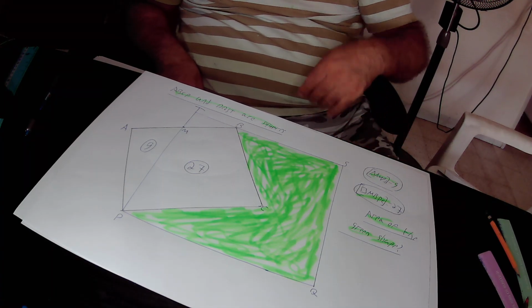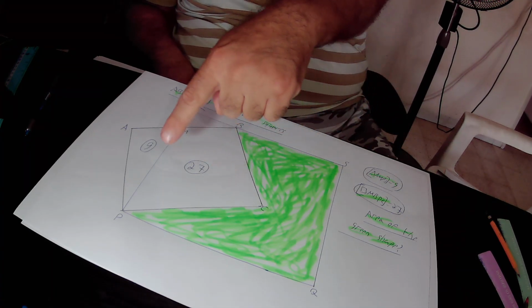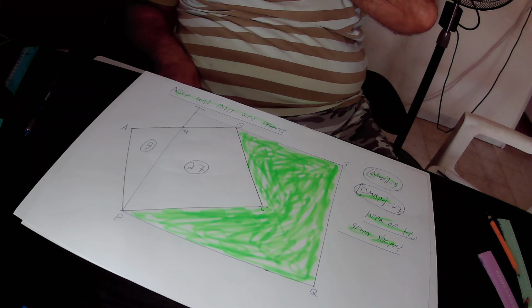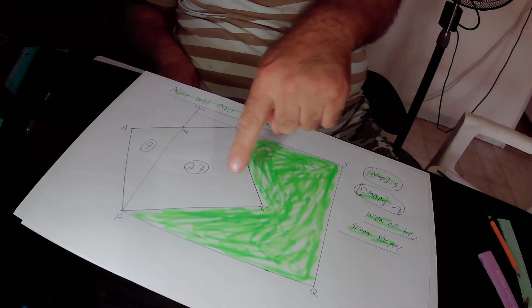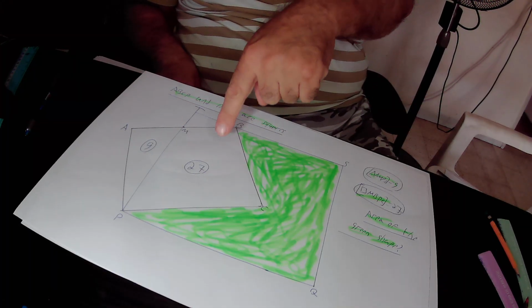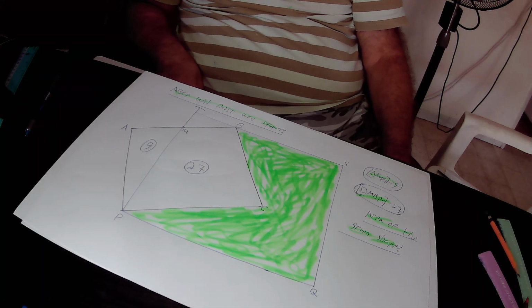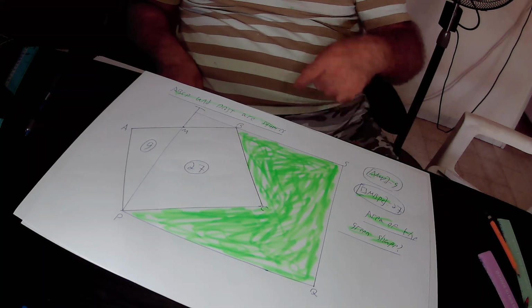So first of all, we know that quadrilateral ABCP is a square, and the area of this square ABCP in total is equal to 9 plus 27, that is 36 square units in its size. So I write it down.